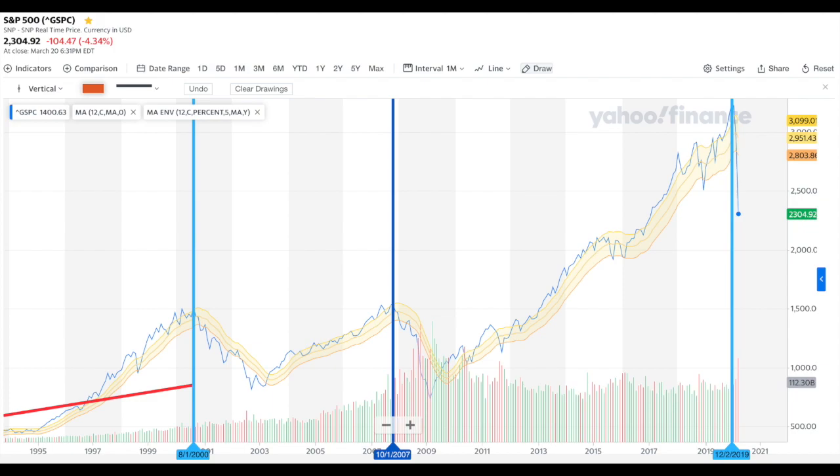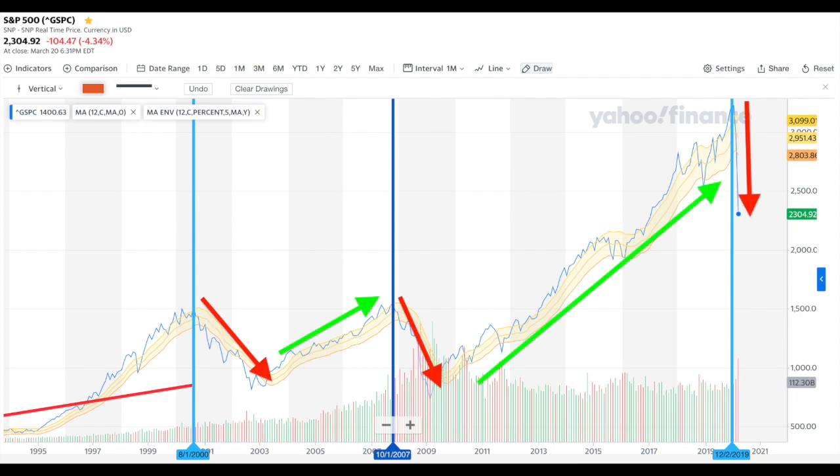The thing we pointed out earlier is that with each of these crashes, if you do the trend line, even on a straight line you'll see that the crash in 2000 was slower than the crash in 2007, and then this 2019 crash has been extremely fast.